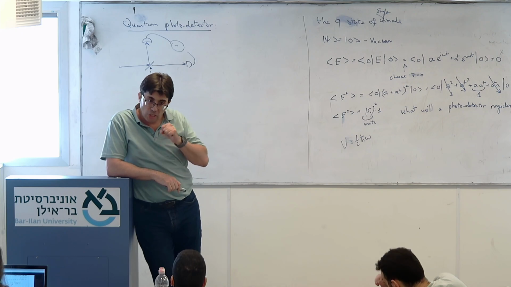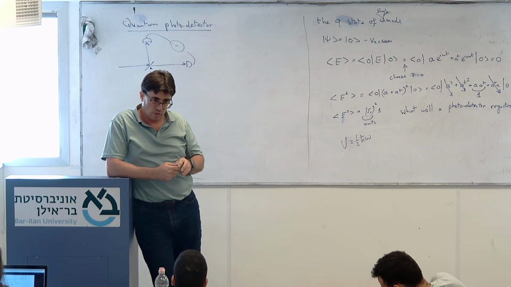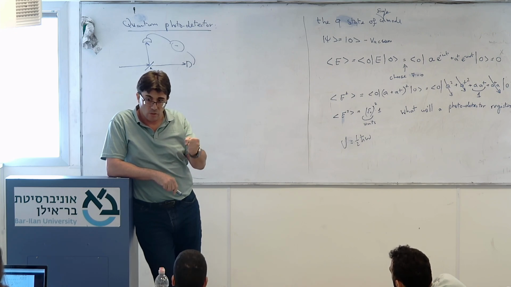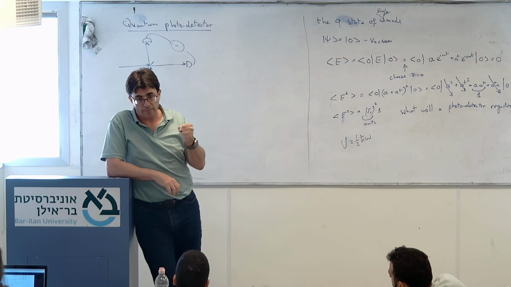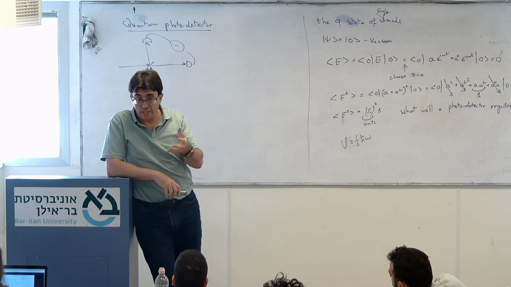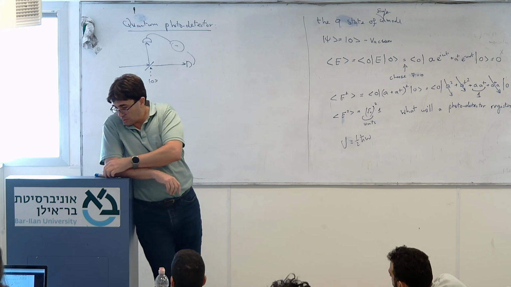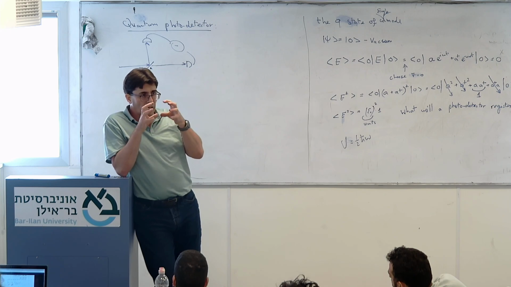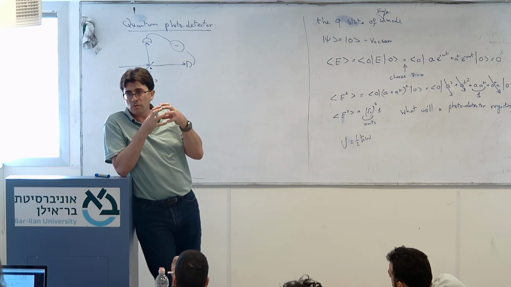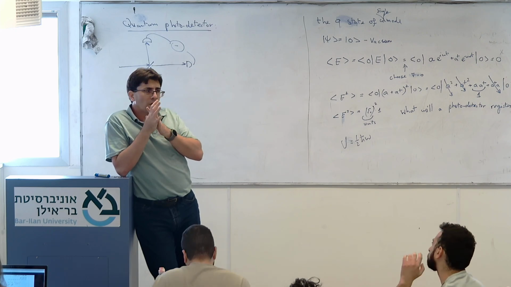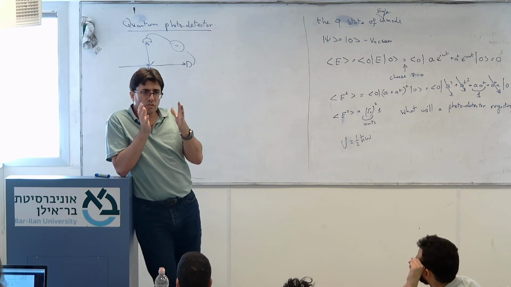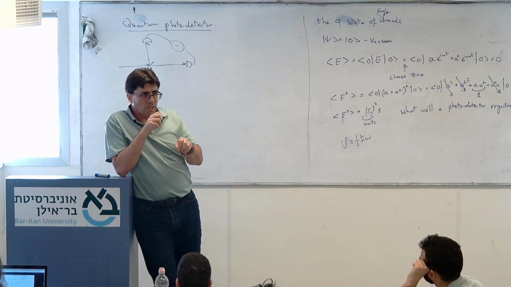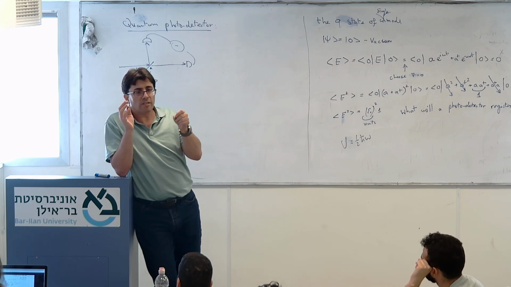And if you can engineer the space such that there will be no vacuum field at the atom location, then this atom will not decay. Never. Let me tell you how that can be done. Suppose that now I take the atom and put it in a mirror box. So it is sitting in a small box of mirrors. And the mirror box is such that the mode at the frequency that the atom actually absorbs has a node somewhere, let's say in the center.